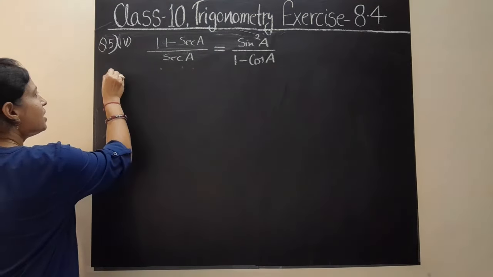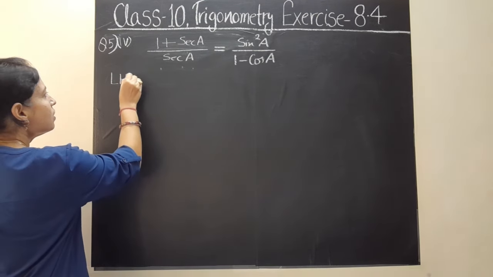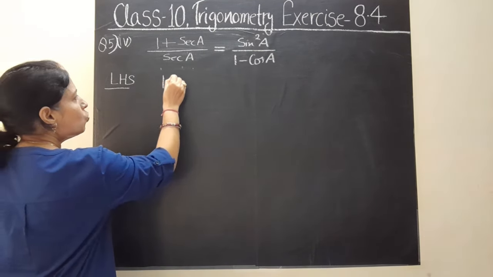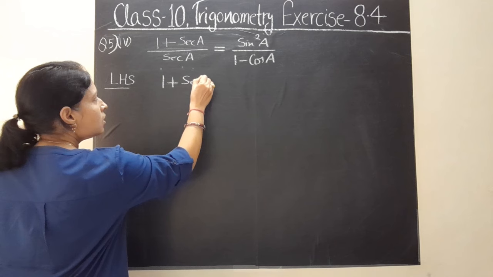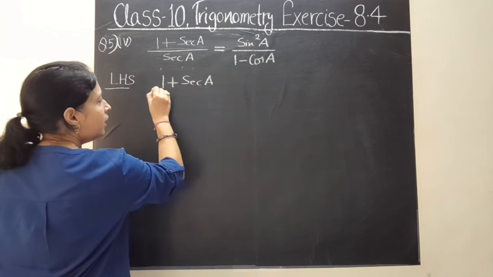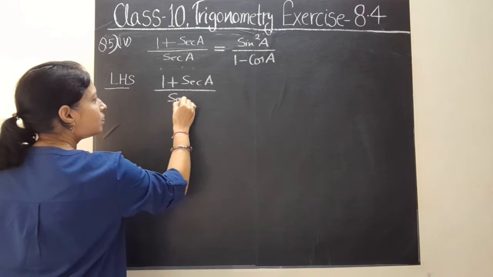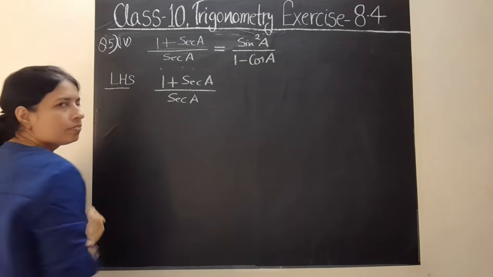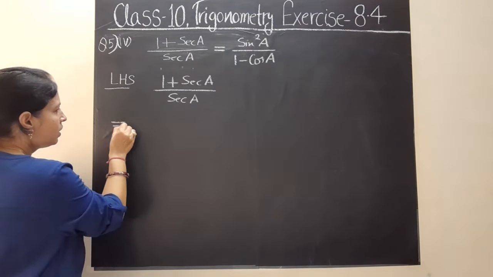So first take LHS. Right here LHS. LHS is 1 plus sec A, divided by sec A. Okay.